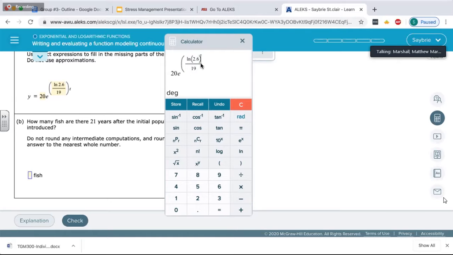Close that power. And that times 21 has got to be up high in that exponent zone, because we're using 21 for that second part. And then round to the nearest whole number, so 58.